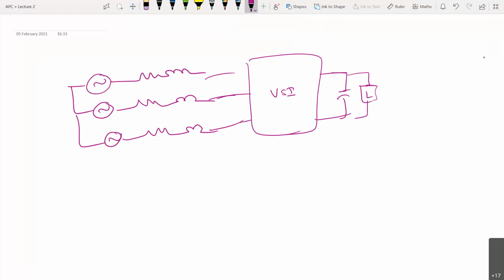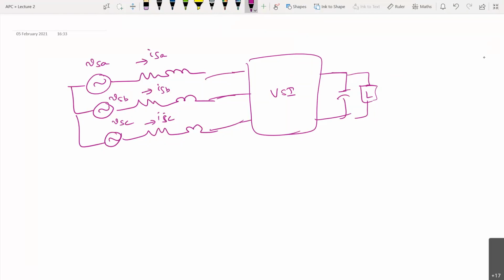In the synchronous reference frame based controller, first we need to sense these voltages: this is VSA, VSB, and VSC. Similarly, we need to sense these currents: ISA, ISB, and ISC. These are the three-phase source currents and three-phase source voltages.